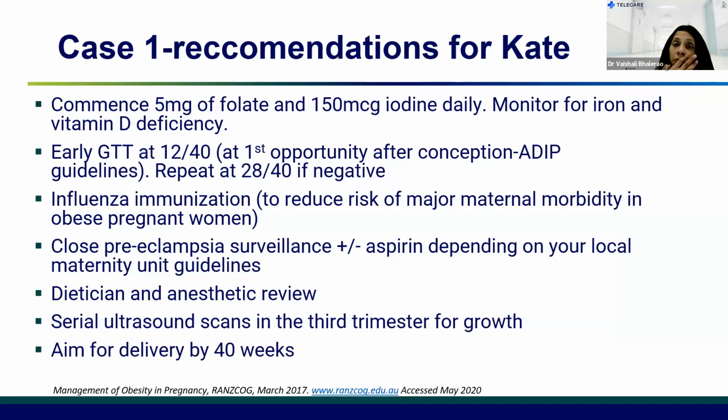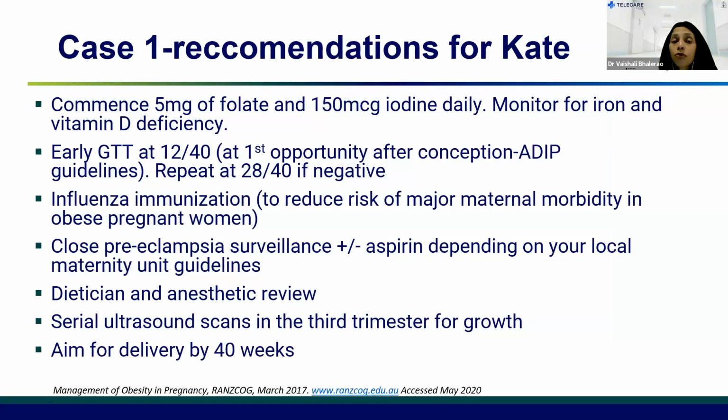Other recommendations: commence 5 milligrams of folate and 150 micrograms of iodine daily. Monitor for iron and vitamin D deficiency. Early GTT at 12 weeks, at first opportunity after conception, that is the IDIP guideline, which we usually follow. And then repeat at 26 to 28 weeks of pregnancy if the first GTT is negative.